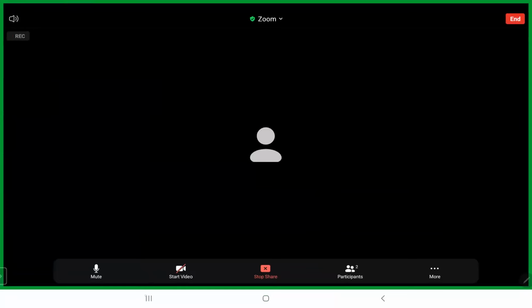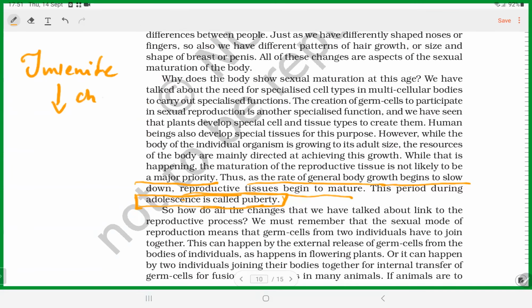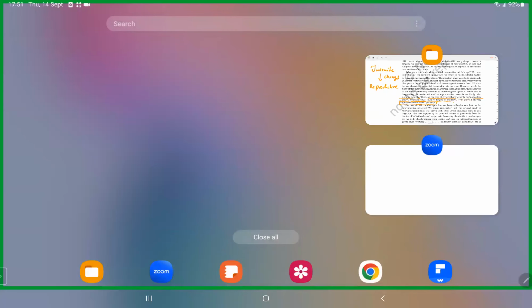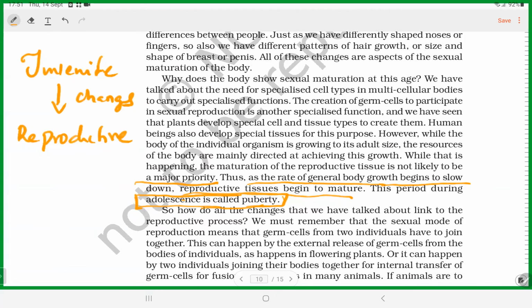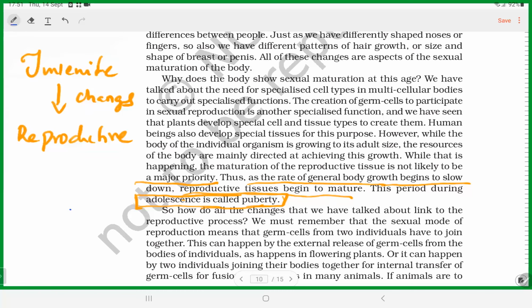That period from the juvenile phase, the series of changes which we discussed now, and then to the reproductive phase. These processes are called what?